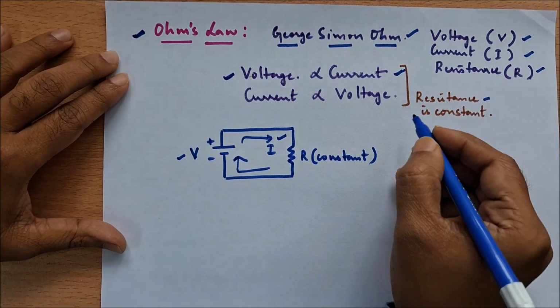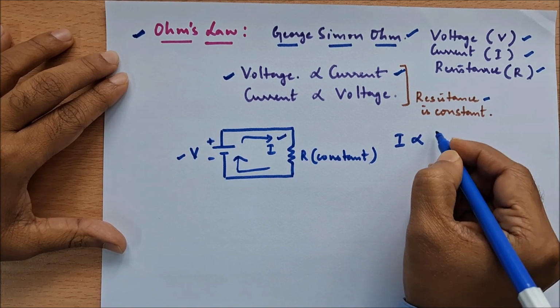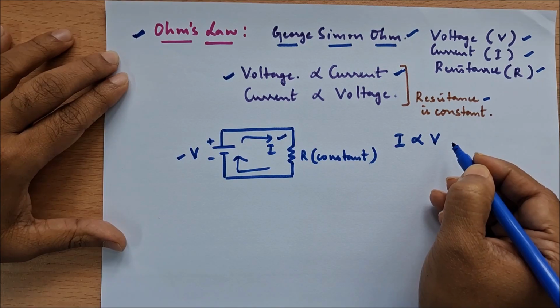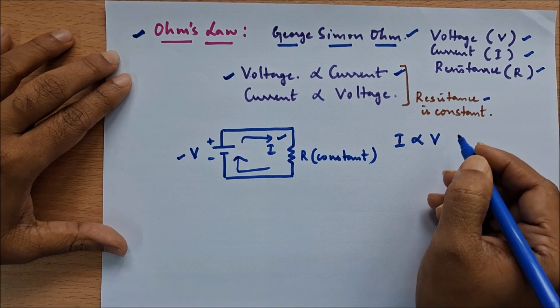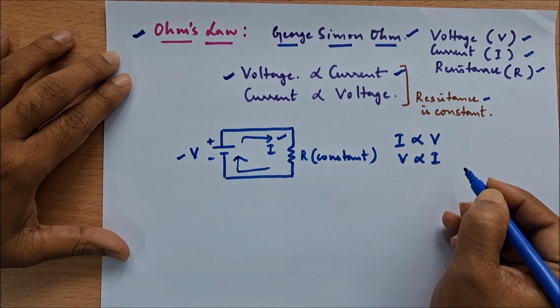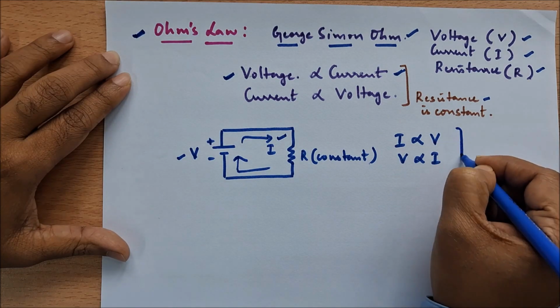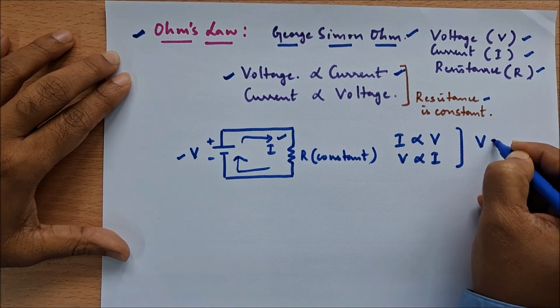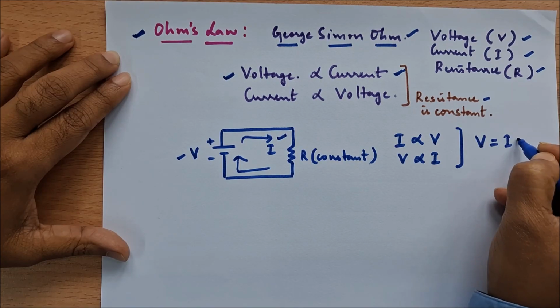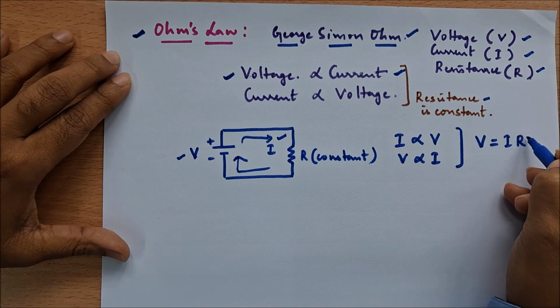So how can we relate them? The current I is directly proportional to the voltage applied between the two terminals, or we can also say that V is directly proportional to the current I. If you want to put it in terms of a very simple equation, we can write voltage V is equal to current I multiplied by the resistance R, where R stands as the proportionality constant.